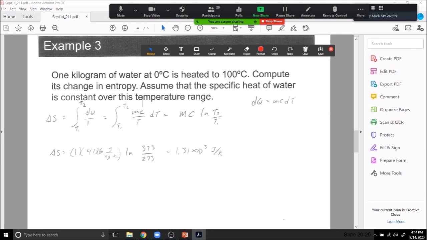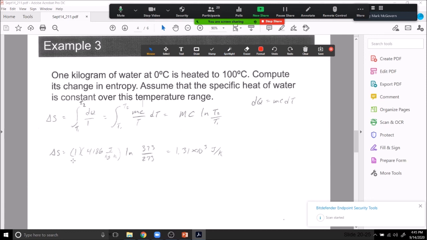Now, we're doing specific heat here, so the energy required is mc delta T. So we replace our dQ with mc dT. Nice, easy integral, right? Turns into a logarithm: mc times the logarithm of the final over the initial.